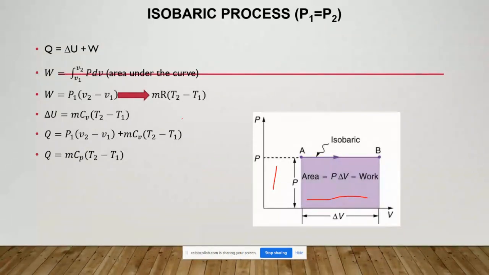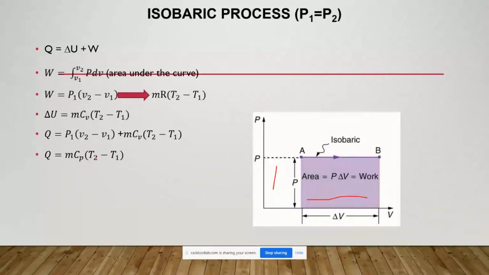If you don't have pressures, you can still use the formula m R (T2 minus T1). And remember what I said: for all the processes except isothermal, delta U is equal to m Cv (T2 minus T1). Therefore, we can conclude that Q is equal to m Cp (T2 minus T1).